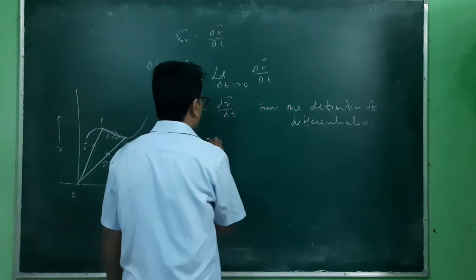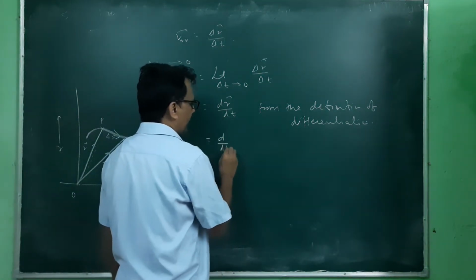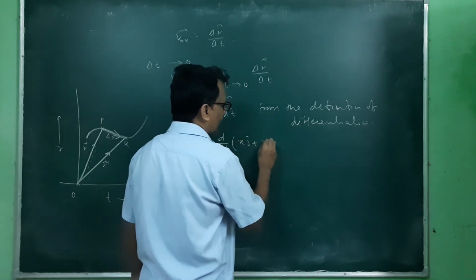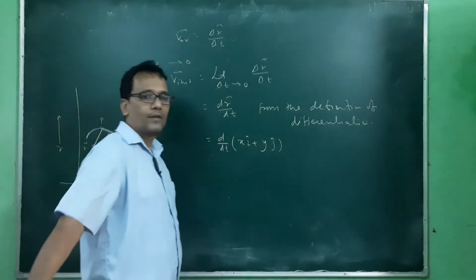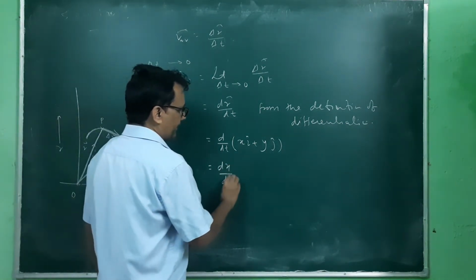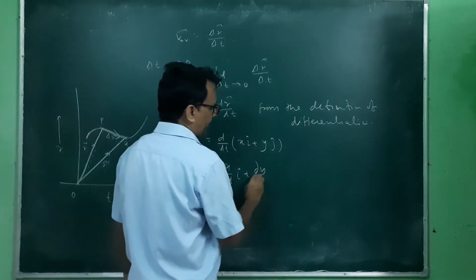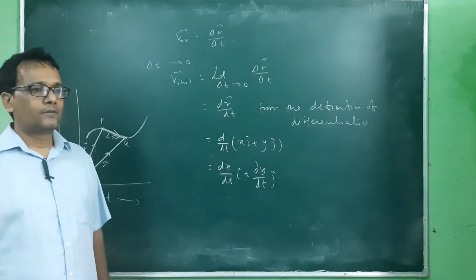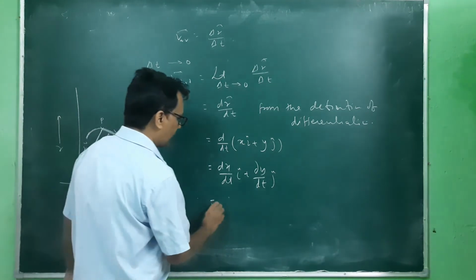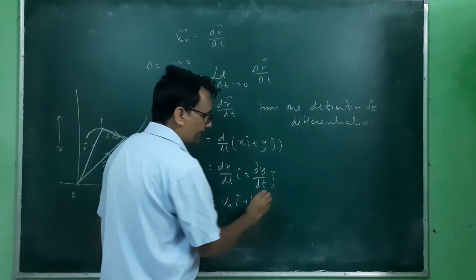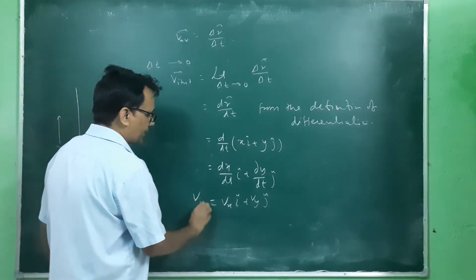And this r can be also written as d by dt of xi plus yj, which is equal to dx by dt i plus dy by dt j, and this is equal to vx i plus vy j. So this is V instantaneous in the vector form.